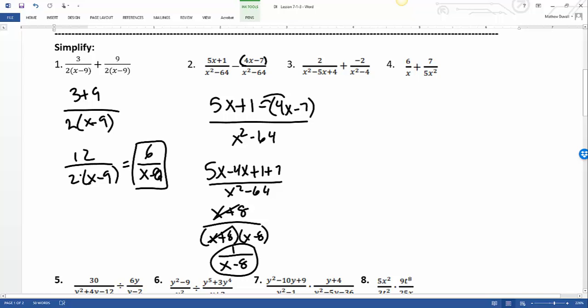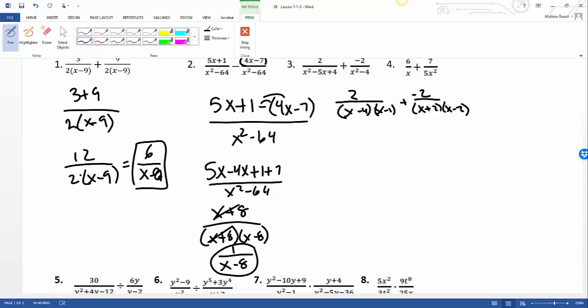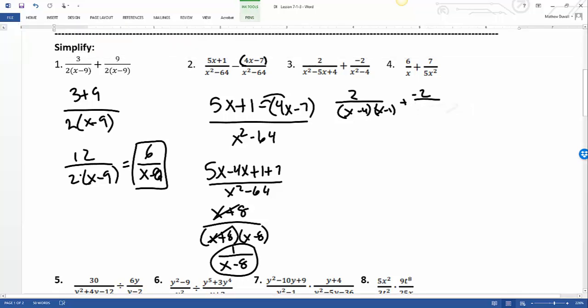For number 3, the denominators are not the same, so I need to factor, so I can figure out what is the same. So this is x minus 4, x minus 1. So nothing's the same. So if nothing's the same, you should just multiply the entire thing instead of multiplying by the factors. It's just easier that way.